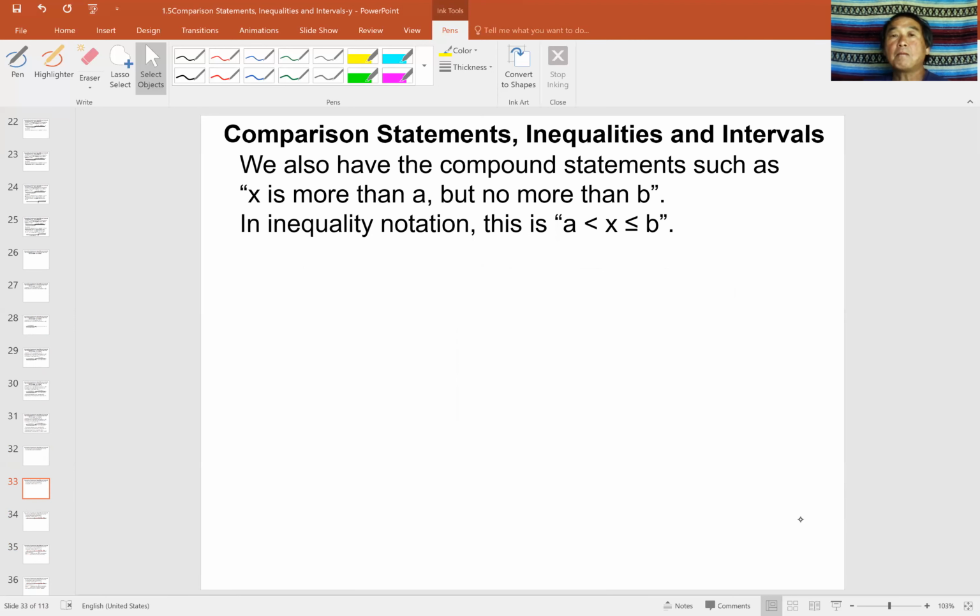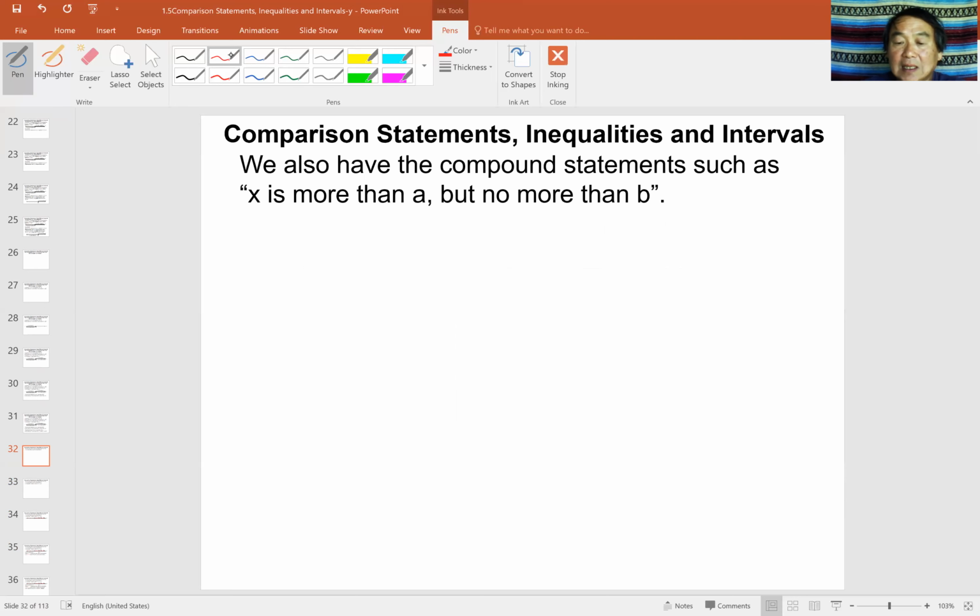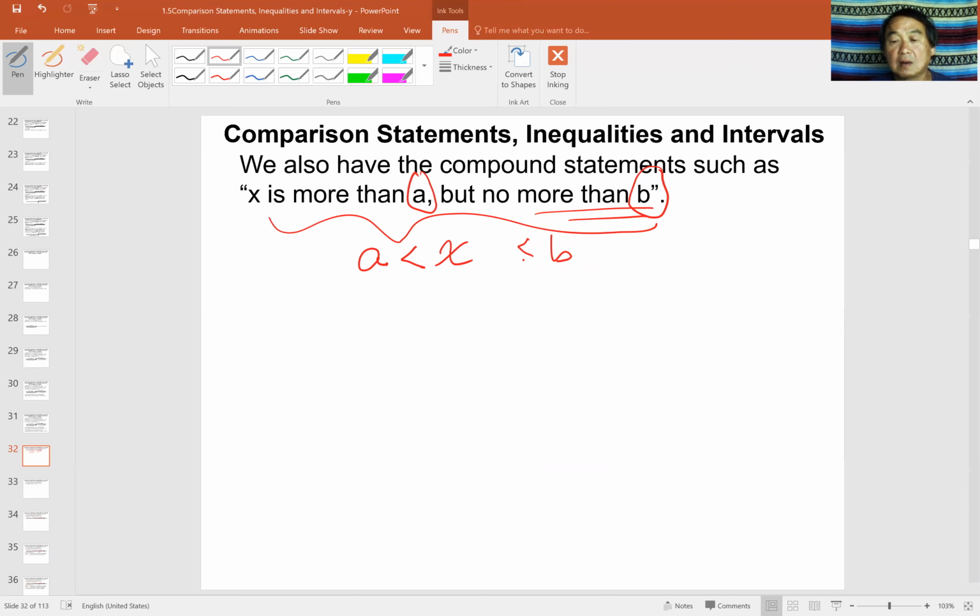And then you can have compound statements, such as "x is more than a, but no more than b." Implicitly, in this situation, we're saying b is more than a, and that x has to be in between a and b. If it's not, then we don't get anything.